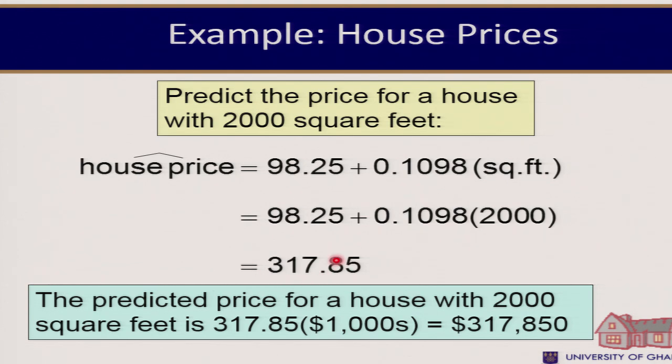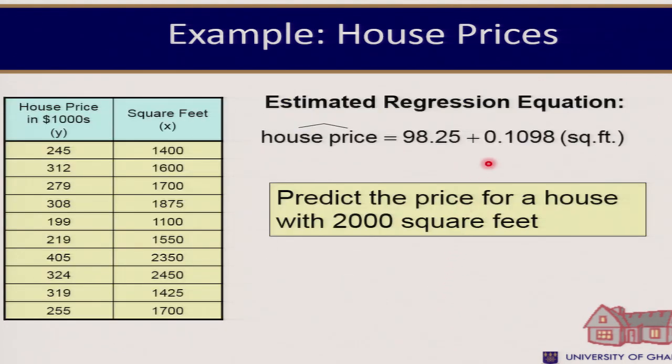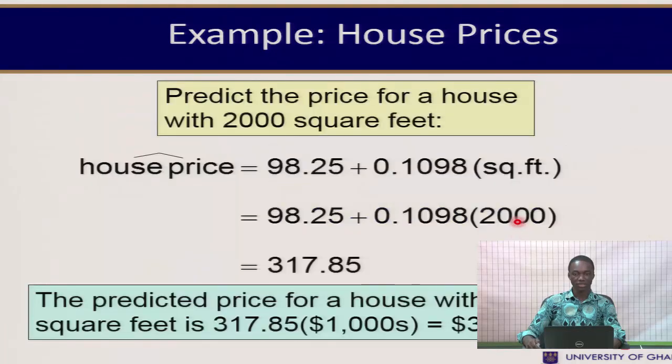Remember that this is given in thousands, and therefore we say that the predicted price for a house with 2,000 square feet is actually $317,850. That means that since we've been able to establish a relationship between the size of a house and its price, we can now predict the price of a house given a certain size measured in square feet.